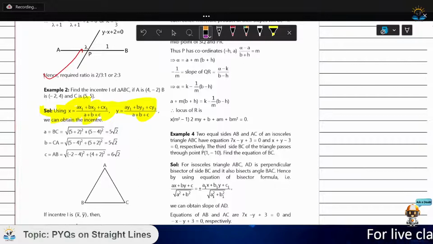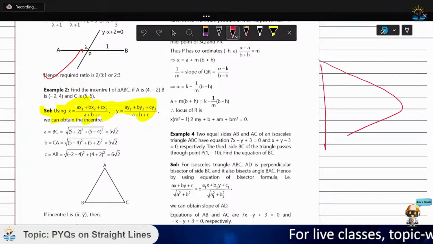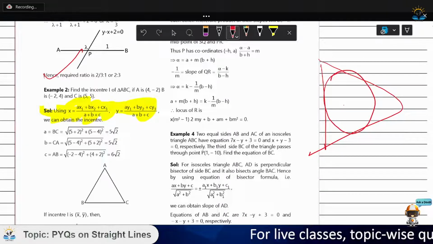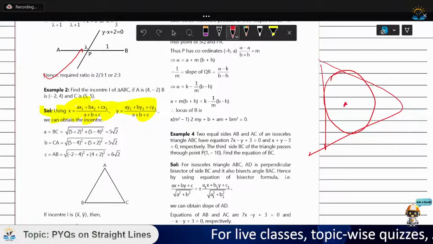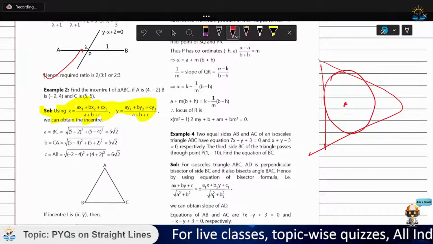So basically, what is an incenter? If there's a triangle and we make a circle inside it, the center of that circle is the incenter.